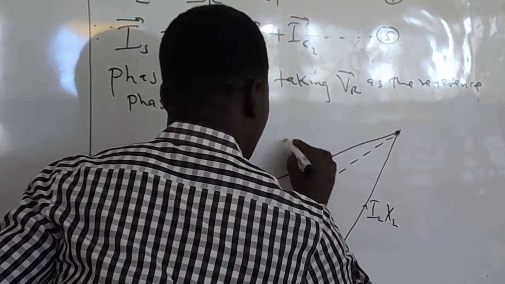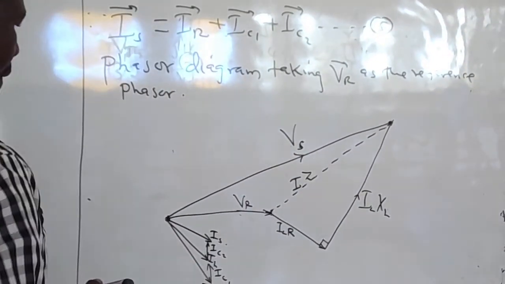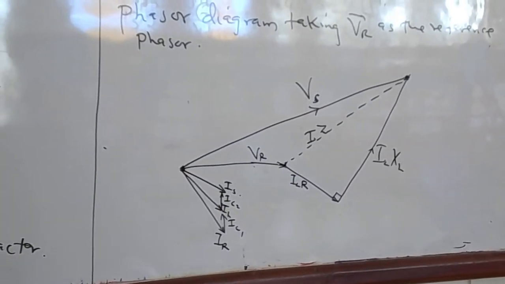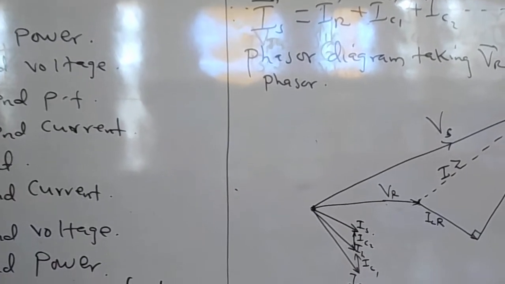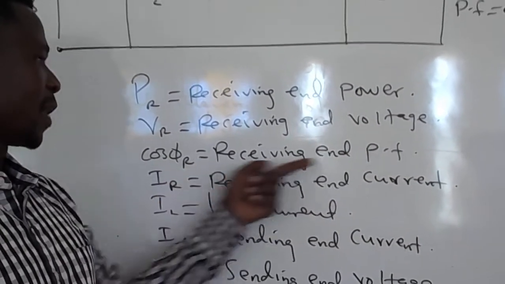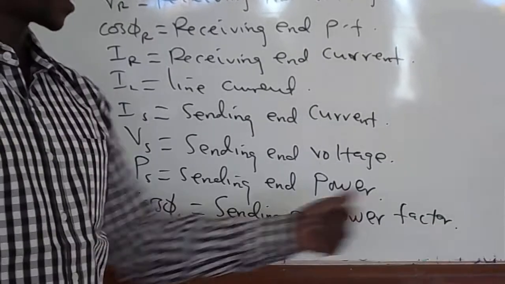So this gives us the Vs, and that is the sending end voltage. Now, the power factor, just as I said, cos phi r is the receiving end power factor, cos phi s the sending end power factor.